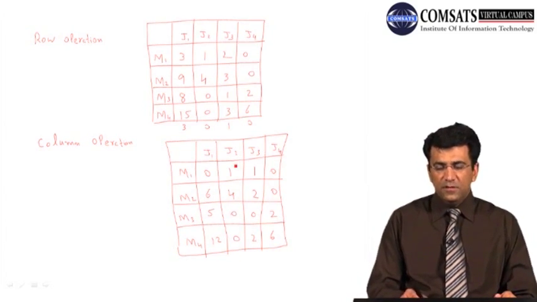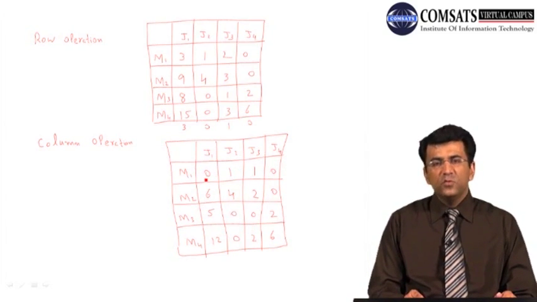Now this is the first row, and you can see that there are 2 zeros in this first row, so we will just ignore this row initially, and we will move to the second row.